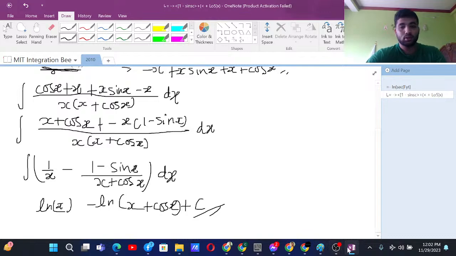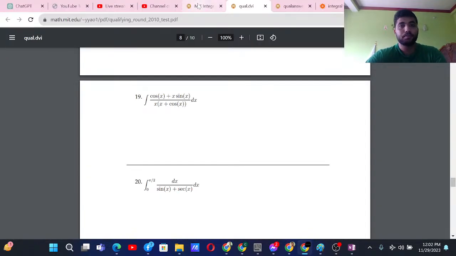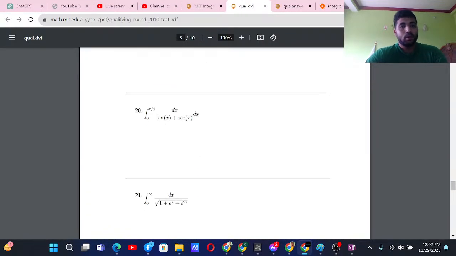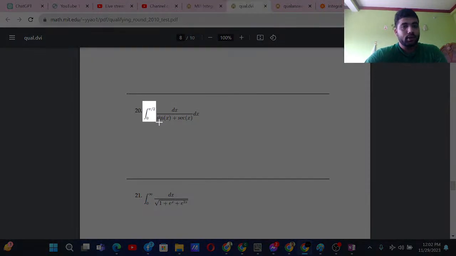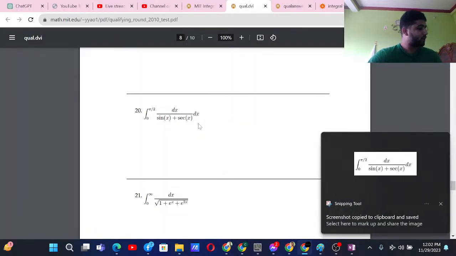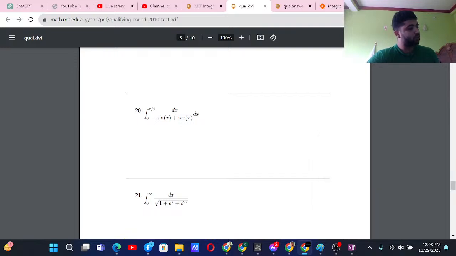Yeah. Next is this thing, sin x plus sec x. For this one, what do we basically do? We first dissolve sec x to cos, and then after that we can change it to cos over sin x.